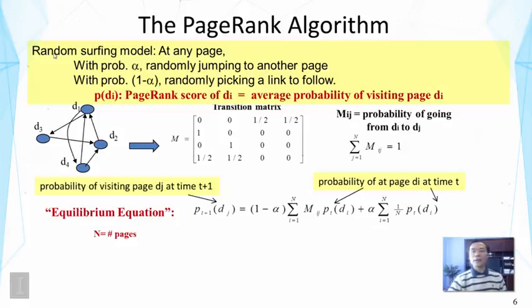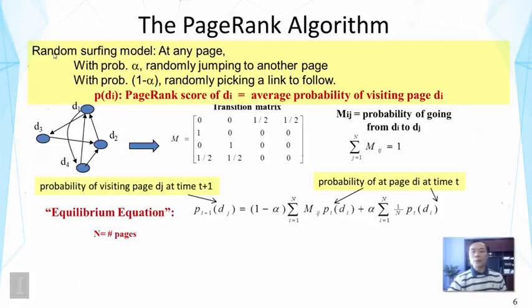On the right hand side, you can see the equation involves the probability of being at page Di at time t. You can see the subscript index t here, and that indicates the probability that the surfer was at a document at time t.